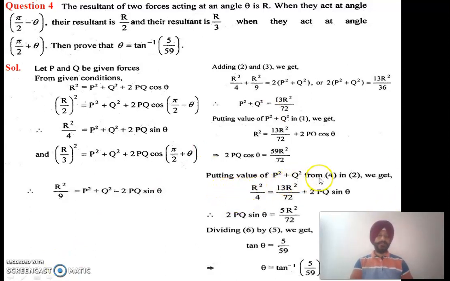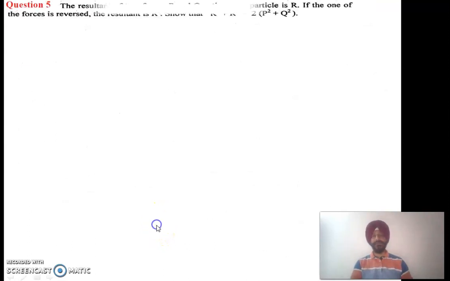Putting the value of P square plus Q square from 4 in 2, we got R square by 4 is equal to this, and we got 2PQ cos theta and 2PQ sin theta. On dividing these two we got tan theta, and tan theta is equal to 5 by 9, theta is equal to tan inverse 5 by 59. So this is our question. This is the fourth question. Now come to the fifth one.